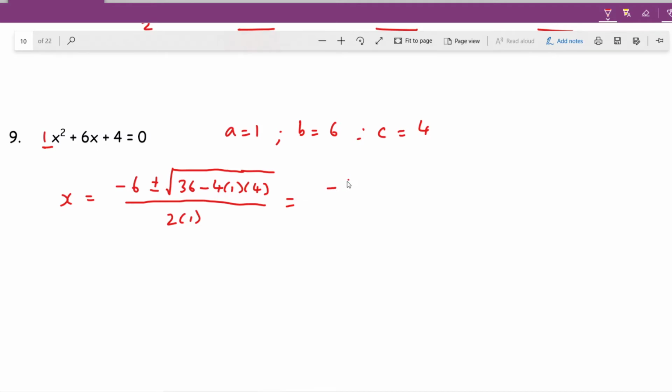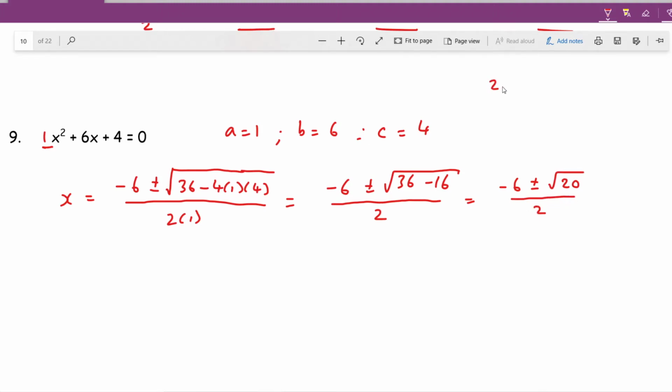So you'll end up with minus 6 plus or minus the square root of 36, minus 4 times 4 is 16, so root 20, all over 2. So you'll end up with minus 6 plus or minus root 20.